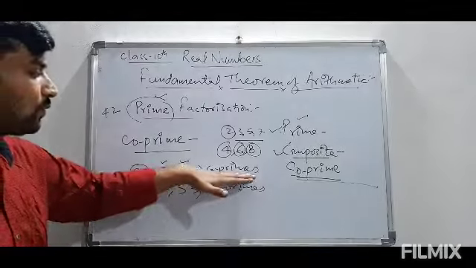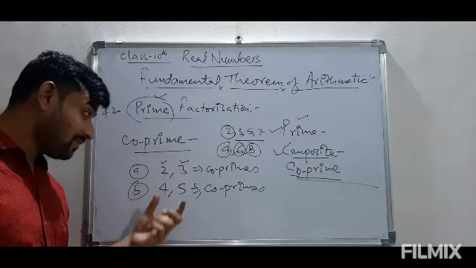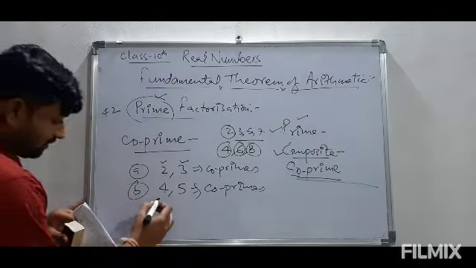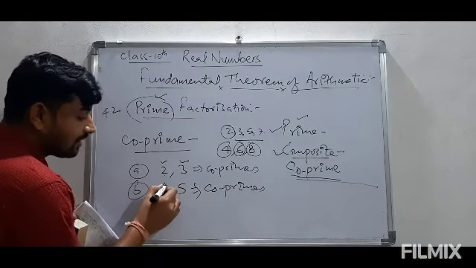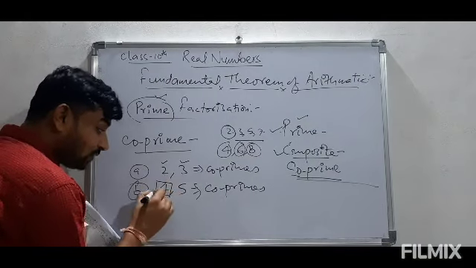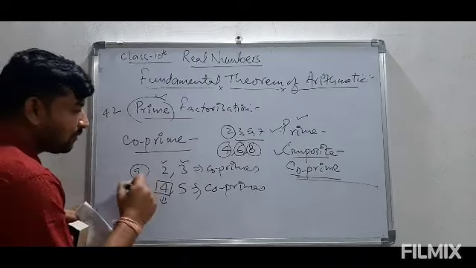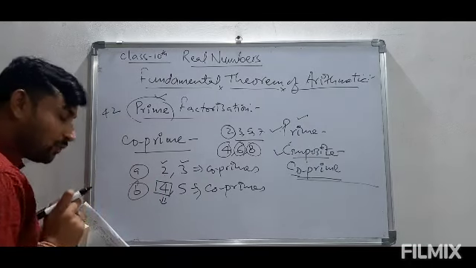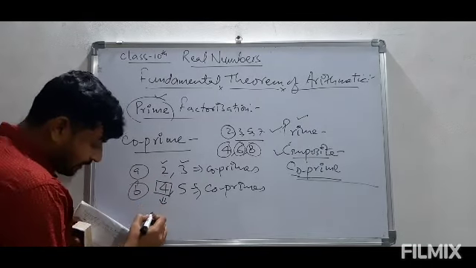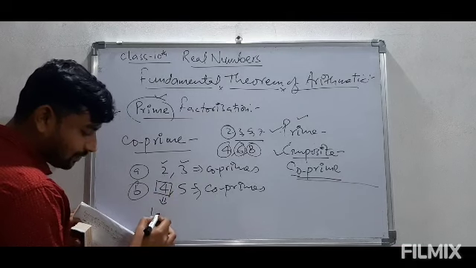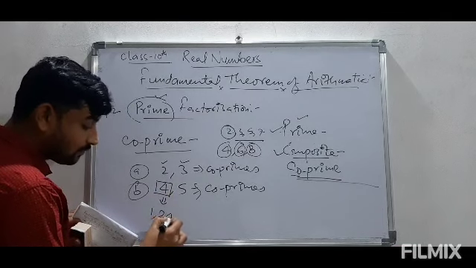So it is co-prime. Then when we come to this number, now see, this 4 is not prime, but still we are using it in the explanation of co-prime. The factors of 4 are 1, 2 and 4.